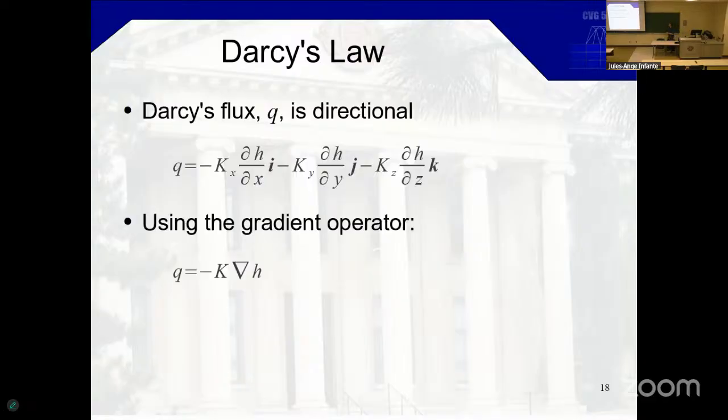So we can simply write that whole equation exactly like this, okay? This is exactly the same equation. Minus K, which is a scalar, and Nabla of H, which is a scalar field, H. So notation-wise, it's exactly the same.